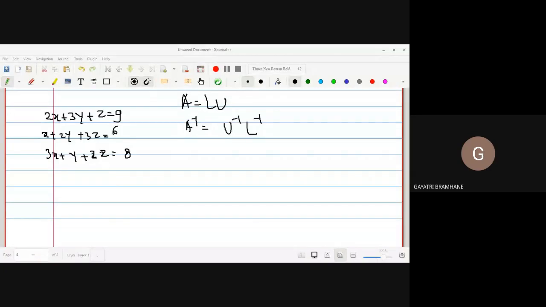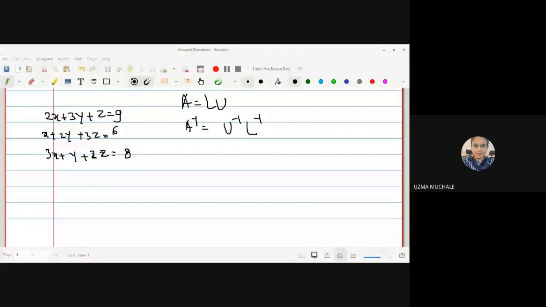Y1 is equal to 9, ma'am. Okay. y1 is 9, y2 is 3 by 2, y3 is 5. Yes. Okay.